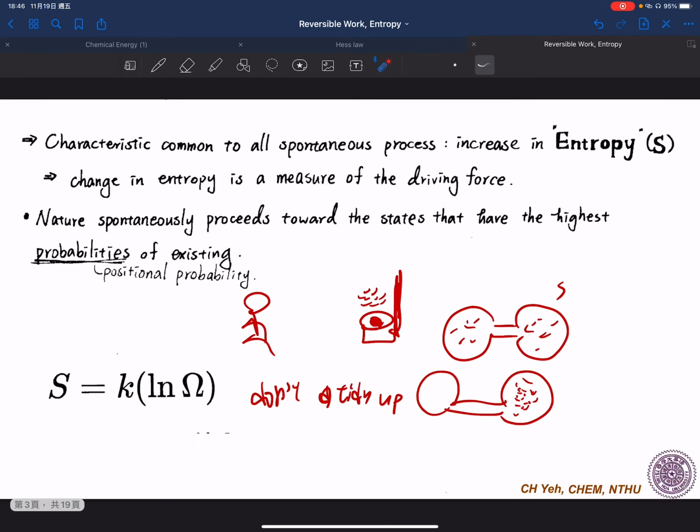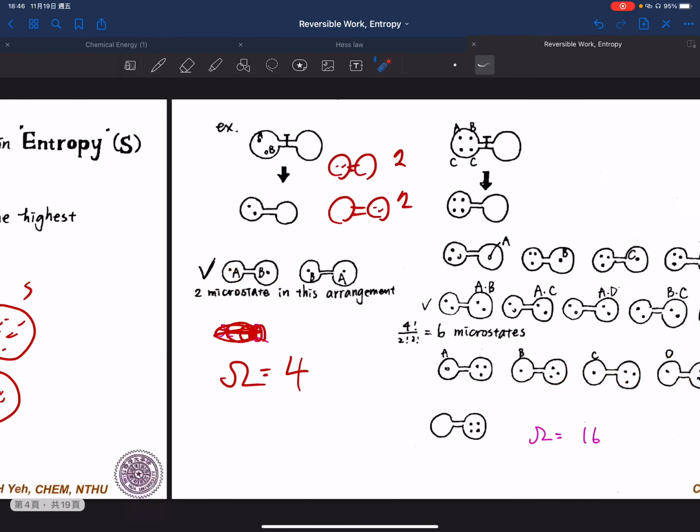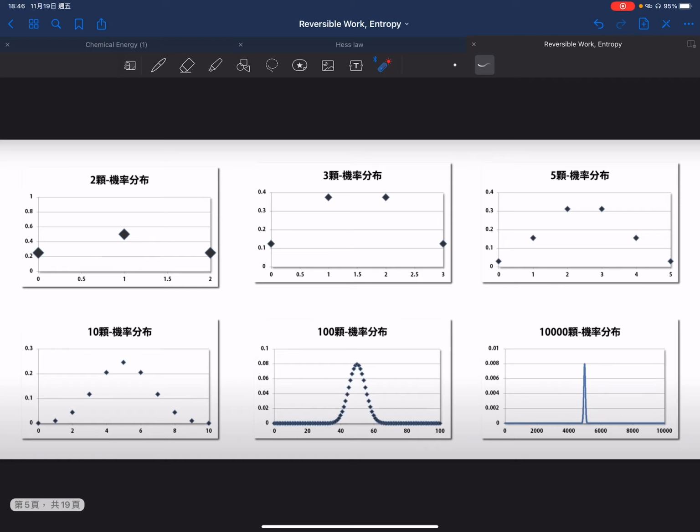Okay, so let's take a look at the probability. I took it from somebody's PPT slide over here. If there are 2 molecules in the system, the probability of 2 in the left-hand side should be approximately 0.2 something. And the probability of both molecules being in the right-hand side is the same as both being in the left-hand side.